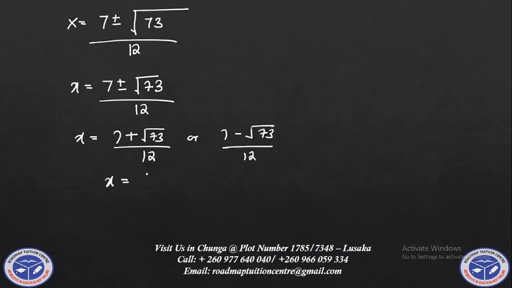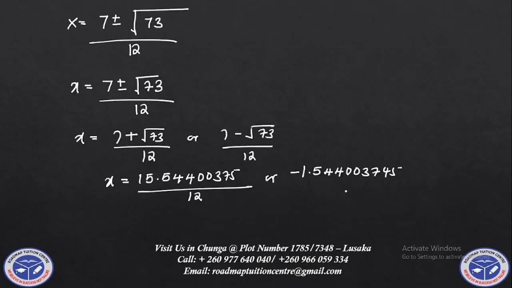That is going to give us 15.54400375, divided by 12, or 7 minus the square root of 73, which is going to give us negative 1.54400375, divided by 12.